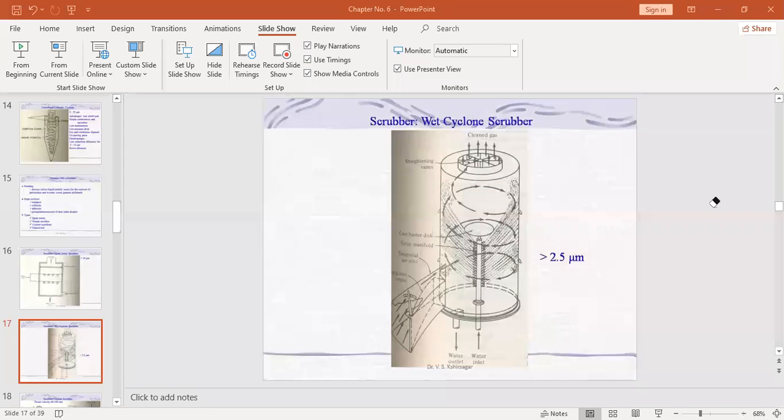The scrubber and its types are applicable for wet air, as well as for the removal of particulate matter and the gaseous pollutants present in the air. Okay, so that difference you please note down and draw this figure.